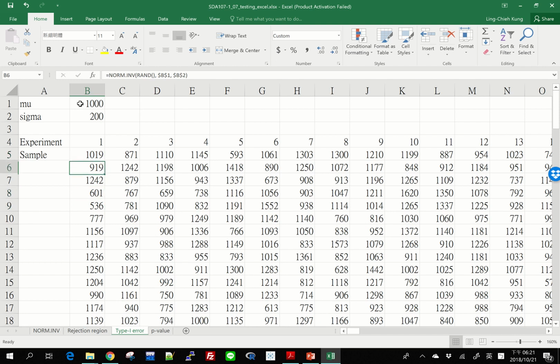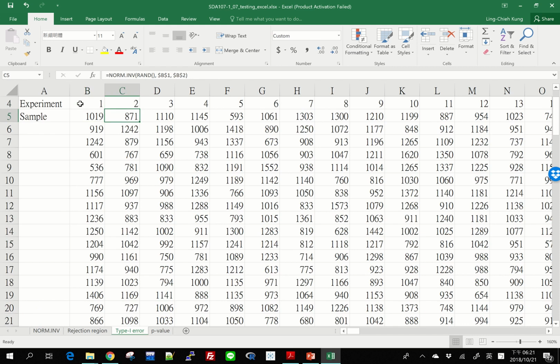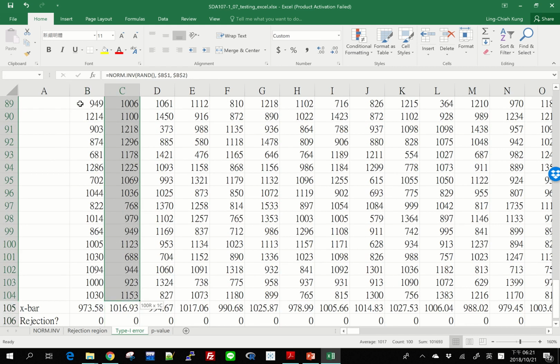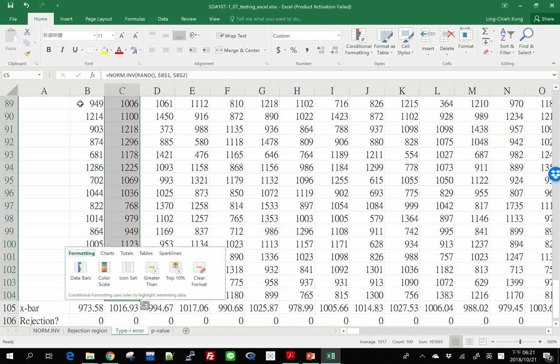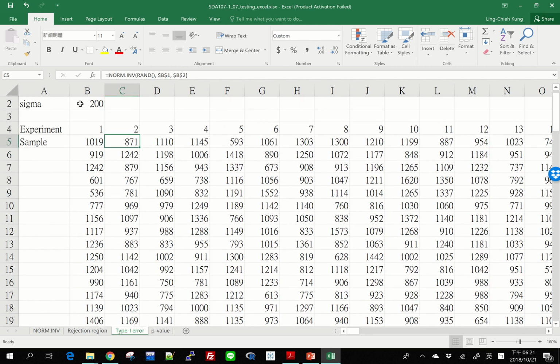These numbers are the 100 sampled values in my first day sample. Then on the second day, I get random samples again, another 100 numbers.